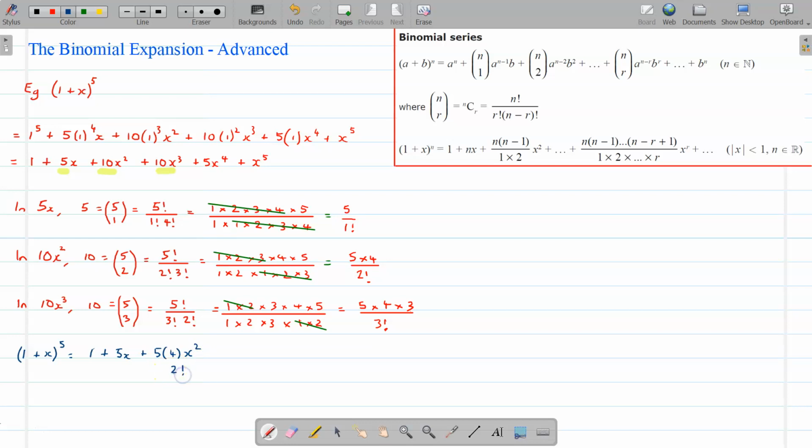So the factorial matches the power of x that I've just written down. Okay, my next term would be 5, which is n times n minus 1 times n minus 2, times x cubed there over 3 factorial.